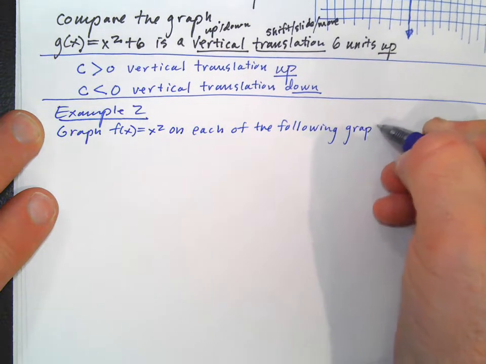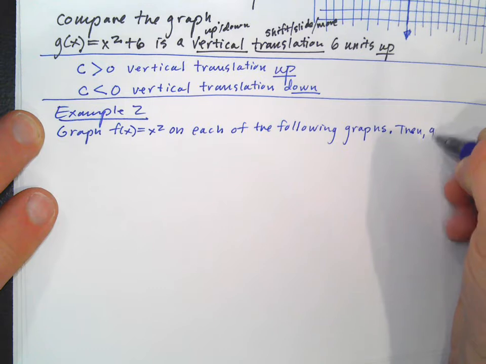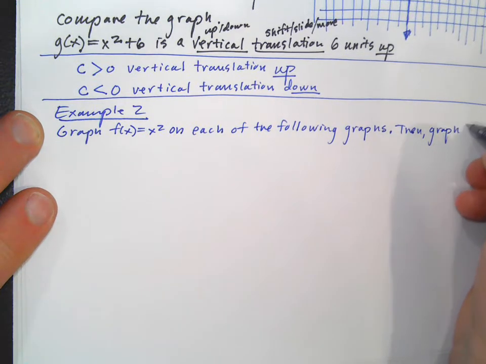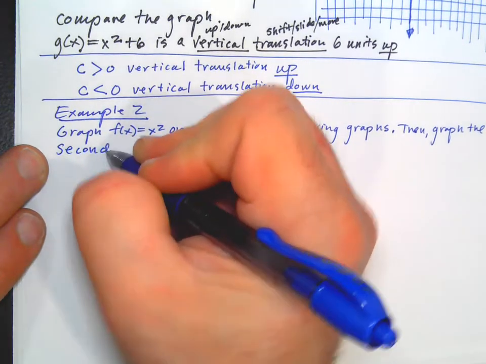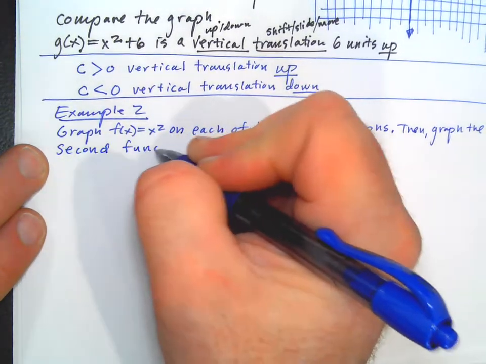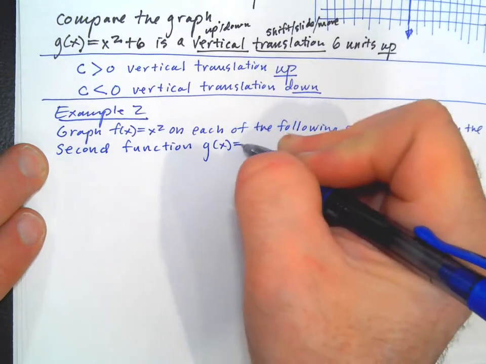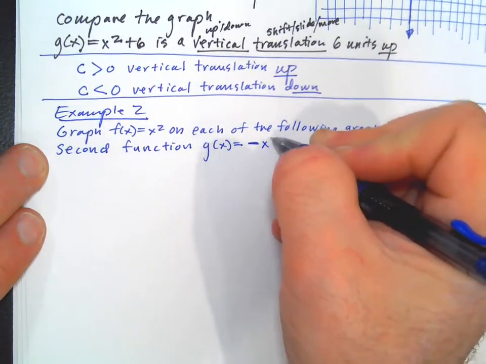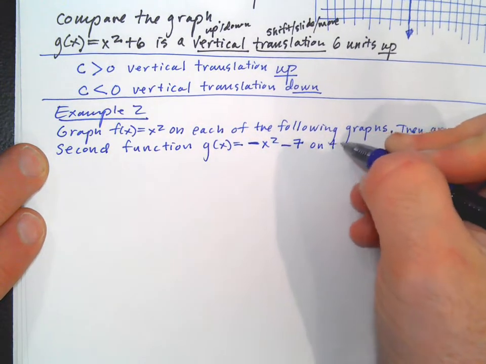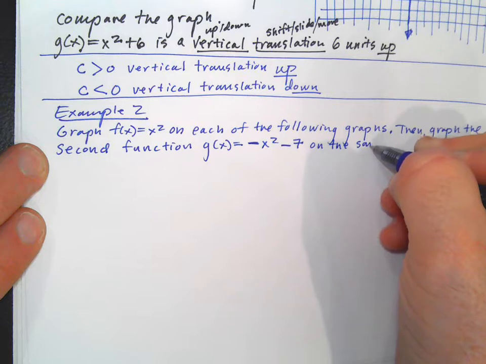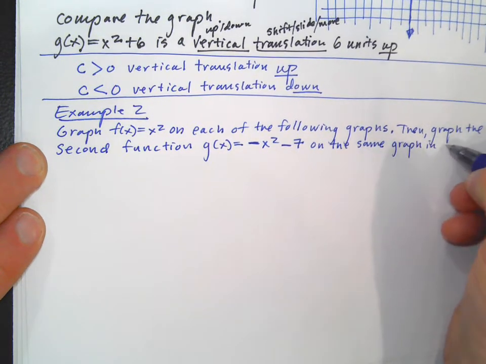Then graph the second function, g of x equals, and this time it's going to be negative x squared minus 7, on the same graph in a different color.